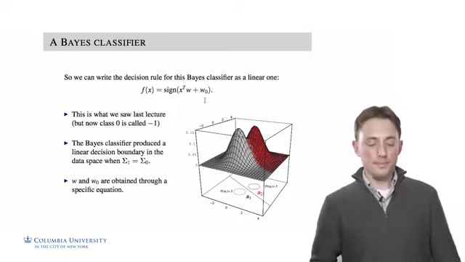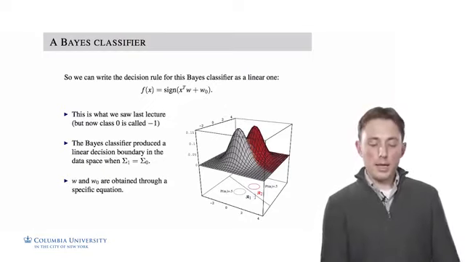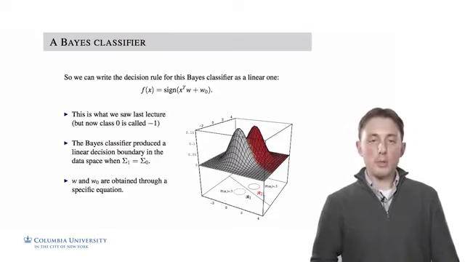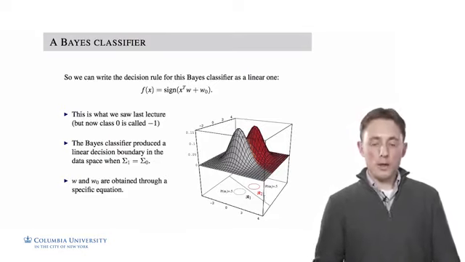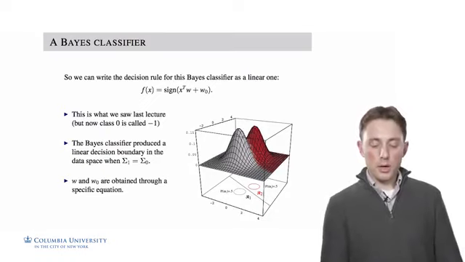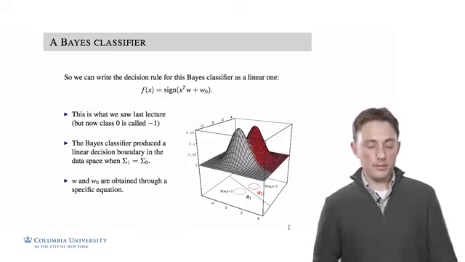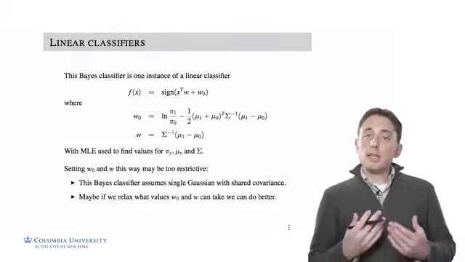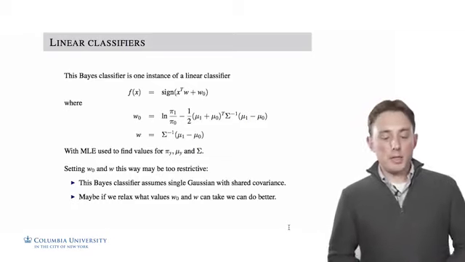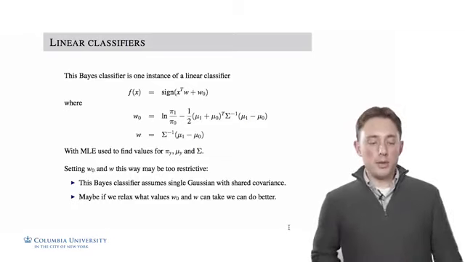And we saw that last time when we plotted the decision rule for a two-dimensional Gaussian problem where we had the shared covariance. We saw that indeed the Bayes classifier had a linear decision boundary. So this is actually an example of a very general classification framework, a linear classification framework.